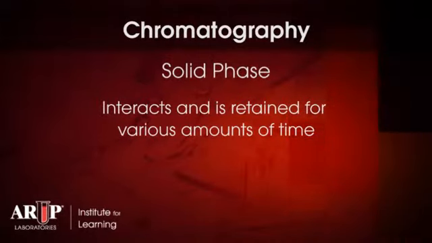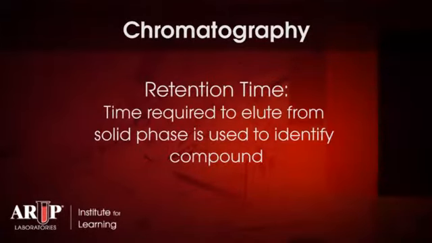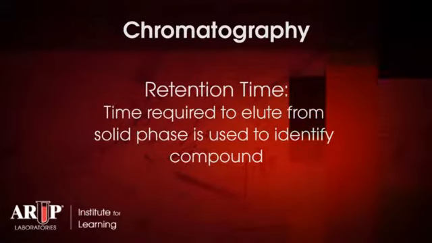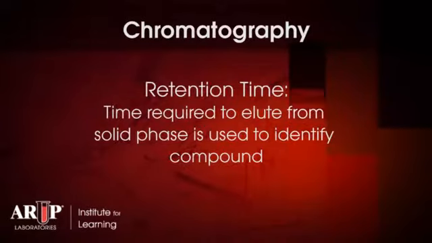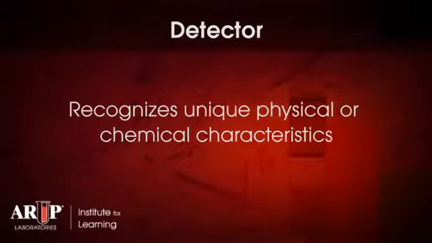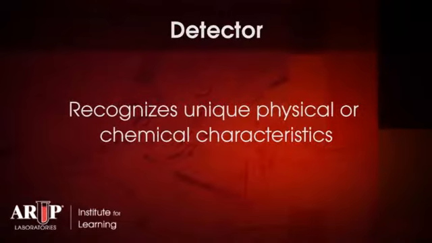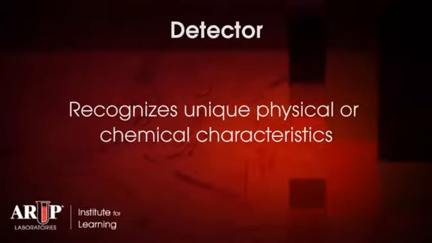So the retention time required for a compound to elute from the solid phase is used to help identify that specific component. The other thing that's required to identify that component is a detector. And that detector will recognize unique physical or chemical characteristics of an individual compound.